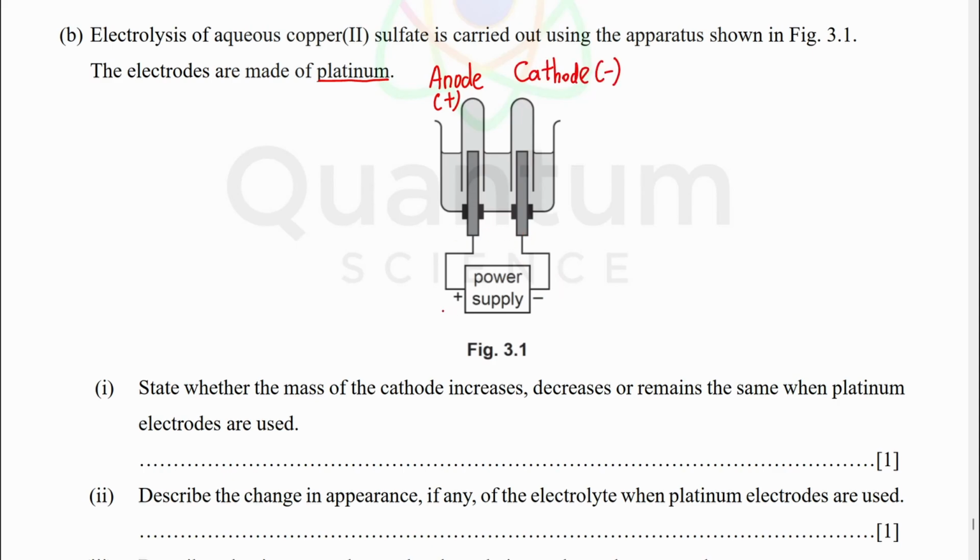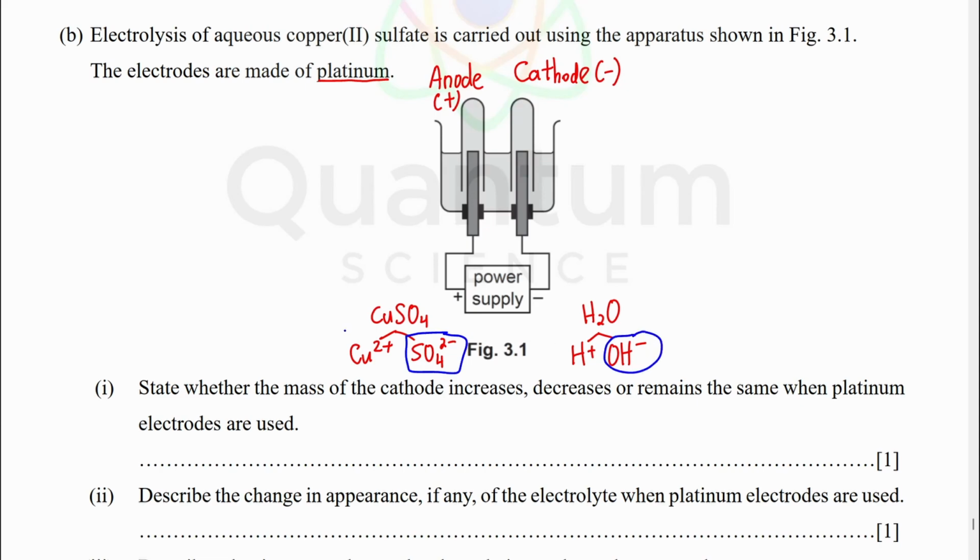So we have copper 2 sulfate. What is the formula of copper 2 sulfate? It is CuSO4, right? So the ions here are Cu2 positive and SO4 2 negative, while from the water, we have H positive and OH negative. So who will attract it to the anode? Negative ions, which is SO4 2 negative or OH negative.